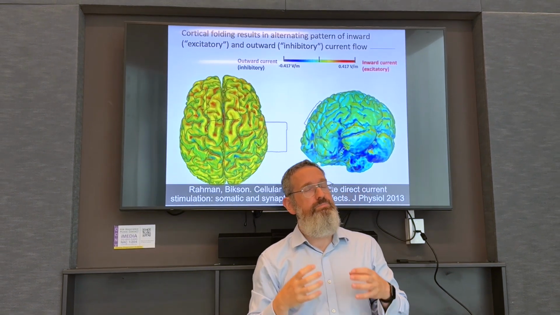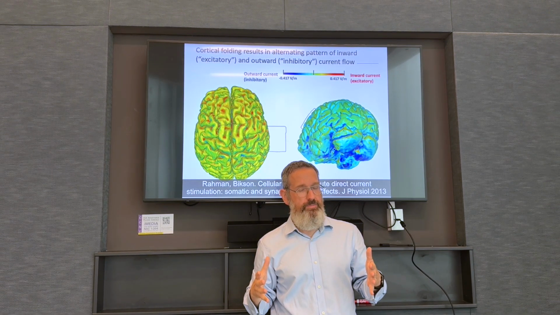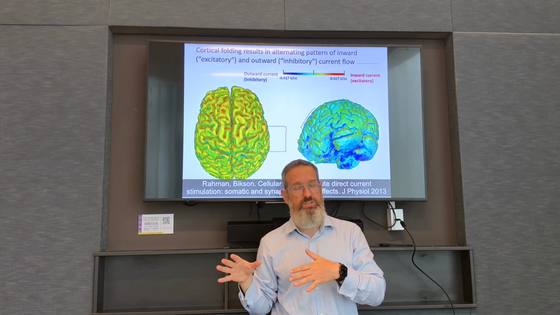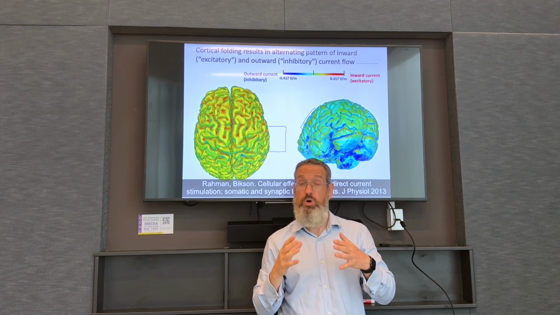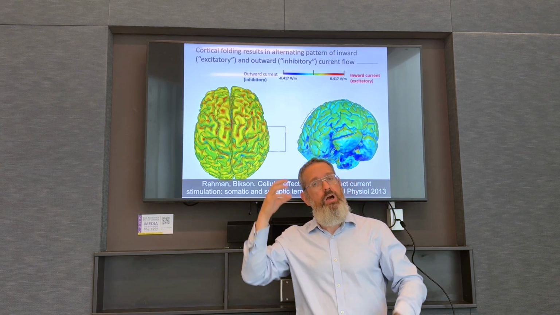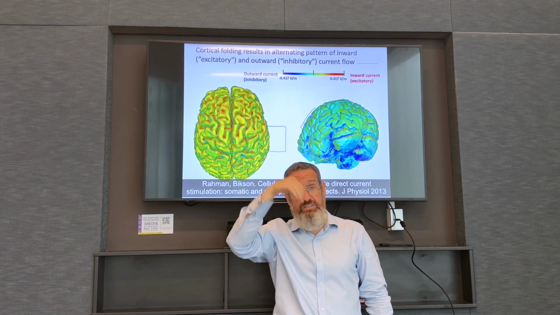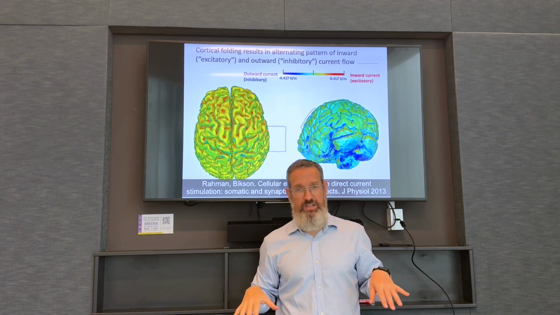But the point is that because of the folded nature of the brain, we do not see what we saw with the spherical models. With the spherical models, we saw inward under the positive anode, and negative, outward under the cathode. But because the head is so folded, that breaks down.